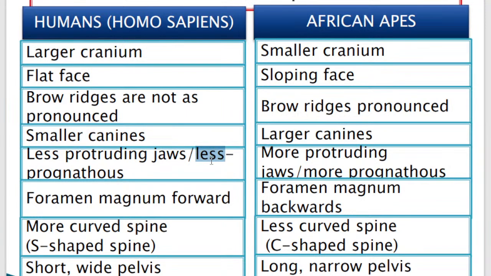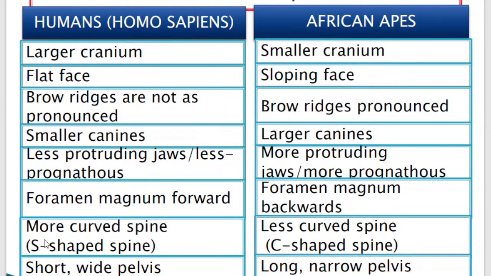That one is acceptable, but don't say less prognathous, say not prognathous. And then when you come here, say more protruding jaws, or you can say it is prognathous. So when you're using protruding jaws, even on this side you must use protruding jaws. If you're using less prognathous, even on the other side you must use less prognathous.